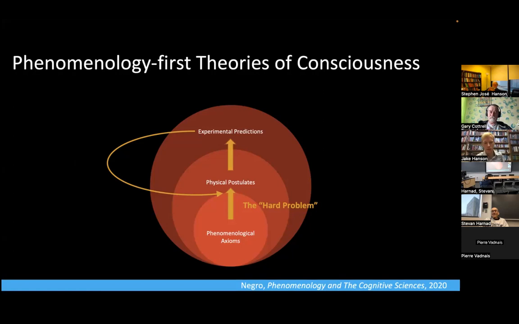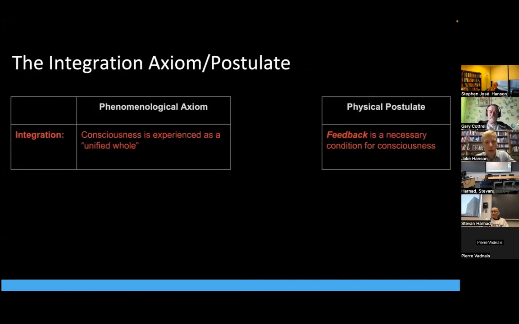So yeah, was there a follow-up there? Well, that's it. So I'll give you an example of what I think is the most important part of IIT, and that's basically this integration axiom / postulate. So the axiom in IIT is that consciousness is experienced as a unified whole. And so the example they give to help explain this is that your left and right visual field are integrated into one conscious experience. I think that example makes sense.